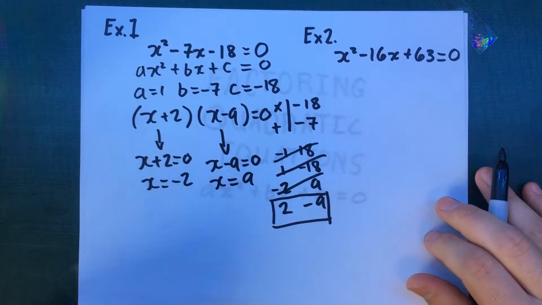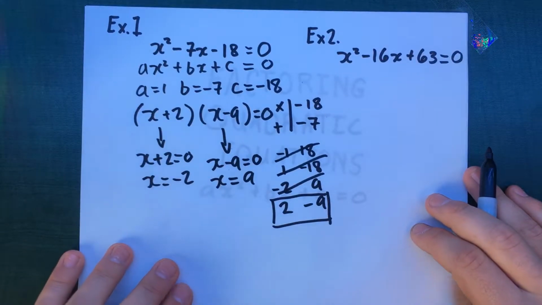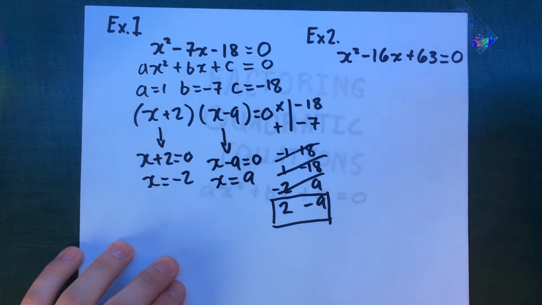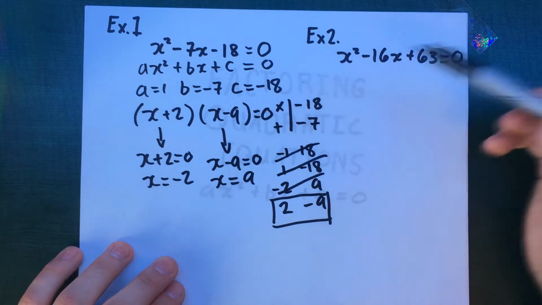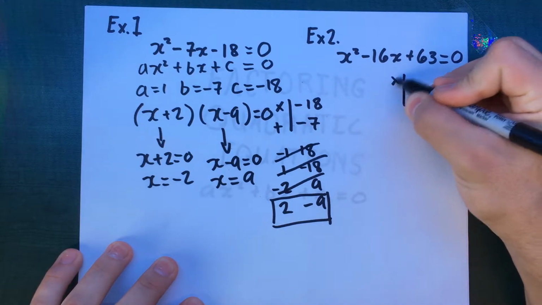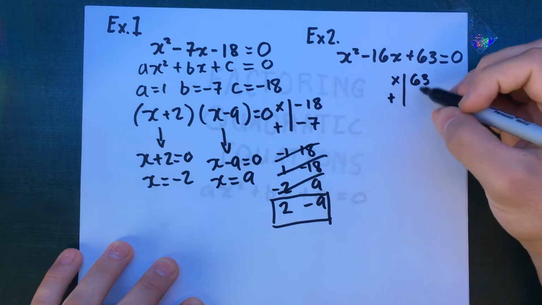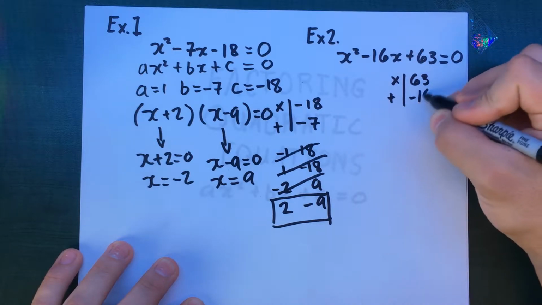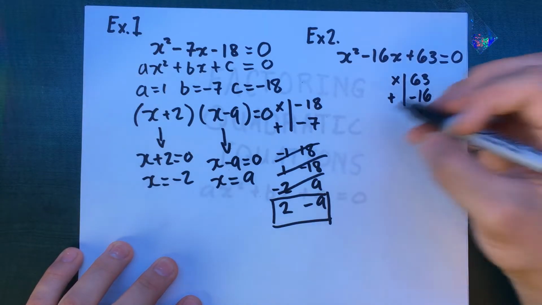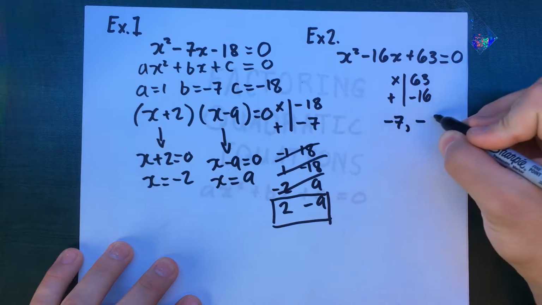Alright, now let's have a look at example number 2. This is a bit more of a complicated example since we're dealing with higher numbers. If we use our basic principle from before, we have to find two terms that multiply to 63 and add to negative 16. If we do what we did before, we'll find that our two numbers are actually negative 7 and negative 9.